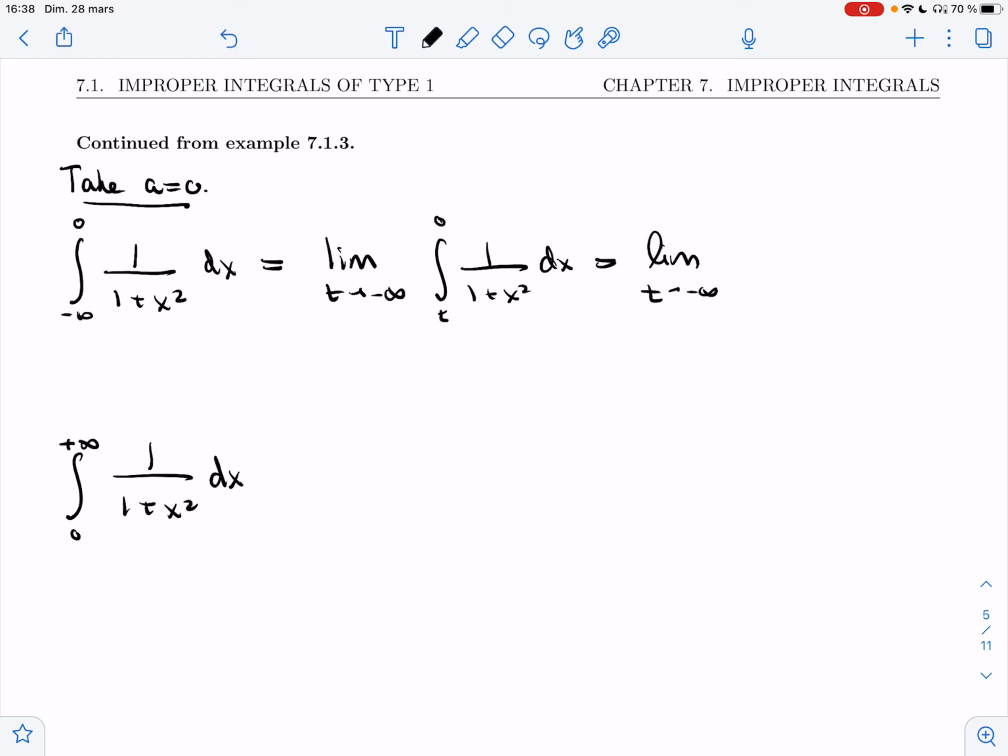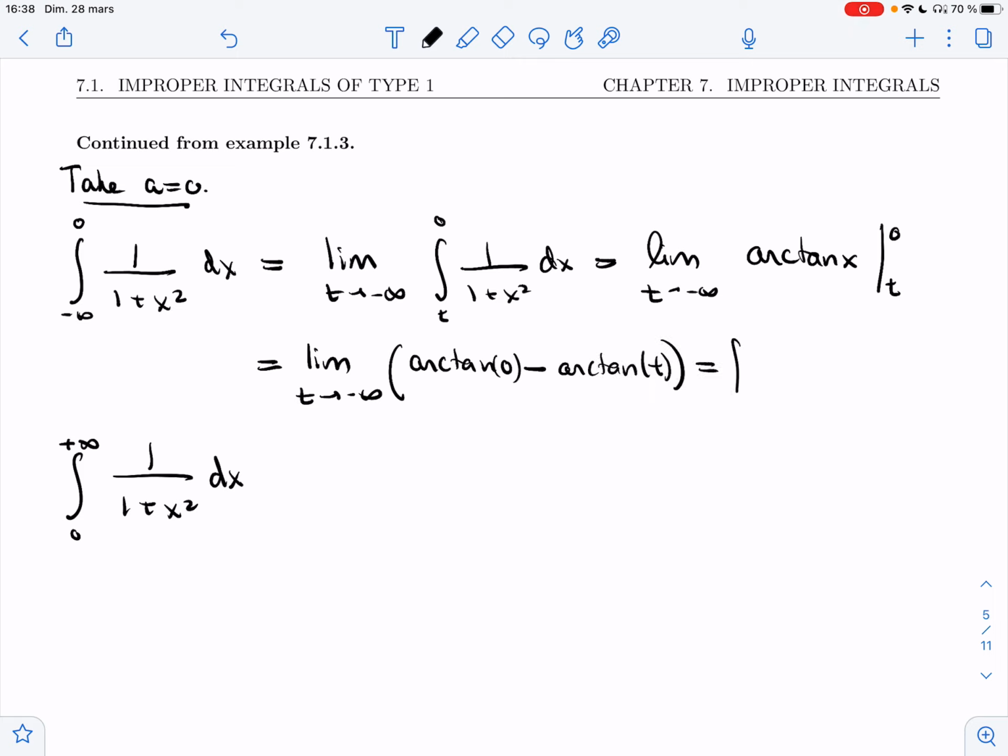All right, at least there's an easy integral. It's just the arctan. And so I get the limit as t goes to minus infinity, arctan of 0 minus arctan of t. And so that's 0 minus arctan of minus infinity. That's one of the limits that we saw in that first chapter.